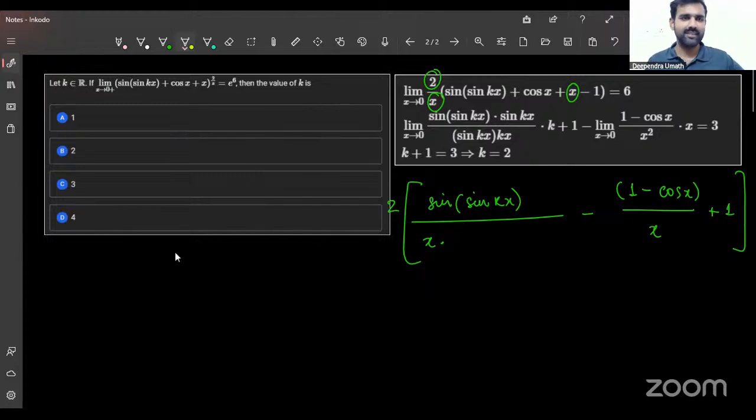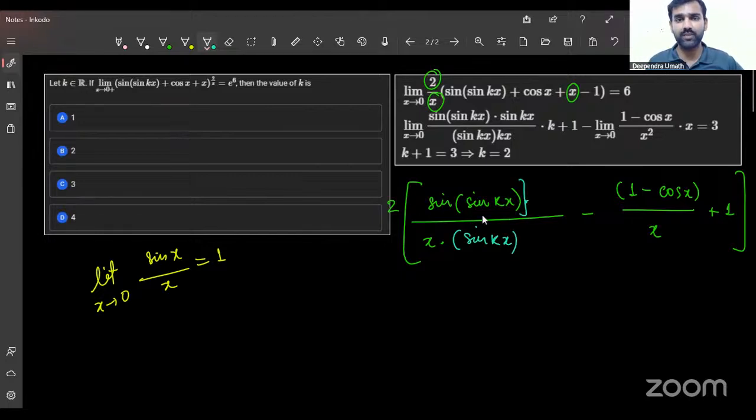What I do next is, I hope you know, limit x approaches 0, sine x upon x is 1. So that, I hope, standard result you all are aware of. So if you try and apply that standard result, how does it get applied? See, sine does not have an x here. Sine has sine kx here as an input. So I'll divide it by sine kx. But when you do so, you need to multiply it by sine kx.